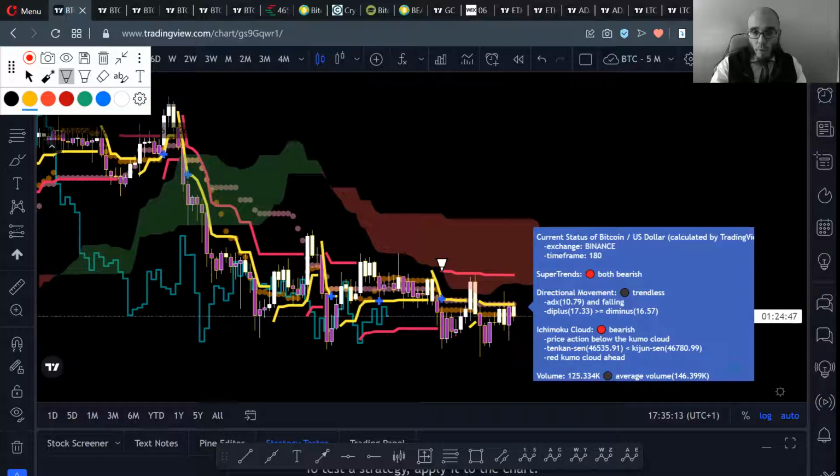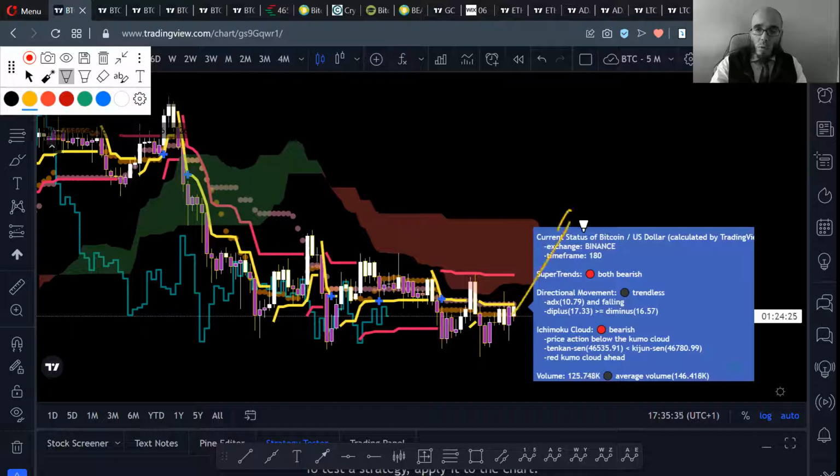Not just are we below the cloud, but we are also below the super trend, both those lines. And that's a bearish position. So in order for me to take a long position, that's what I'm looking for, but I need the Elliott wave count to corroborate my point of view.